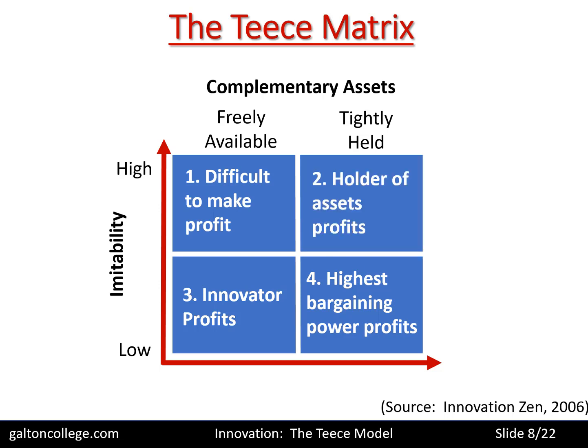Where it's tightly held, in other words, where there are legal constraints or specialist machinery or obstacles for companies coming in to set up, tightly held, and where it's high imitability, in other words, anyone can copy the product, then it means whoever holds the assets that can produce it will get the profits.